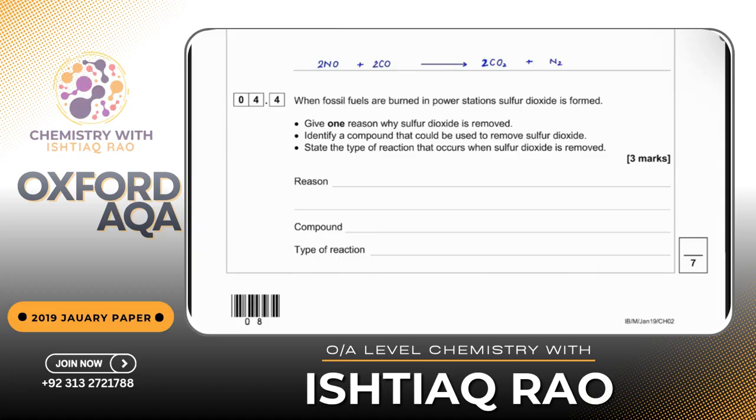This is a non-metal oxide, and non-metal oxides are acidic in nature. So I'm supposed to remove it by the addition of any base. That is lime, of course, CaO, or limestone, that is calcium carbonate. Both are bases. And of course, when acid will react with base, the type of reaction would be neutralization.